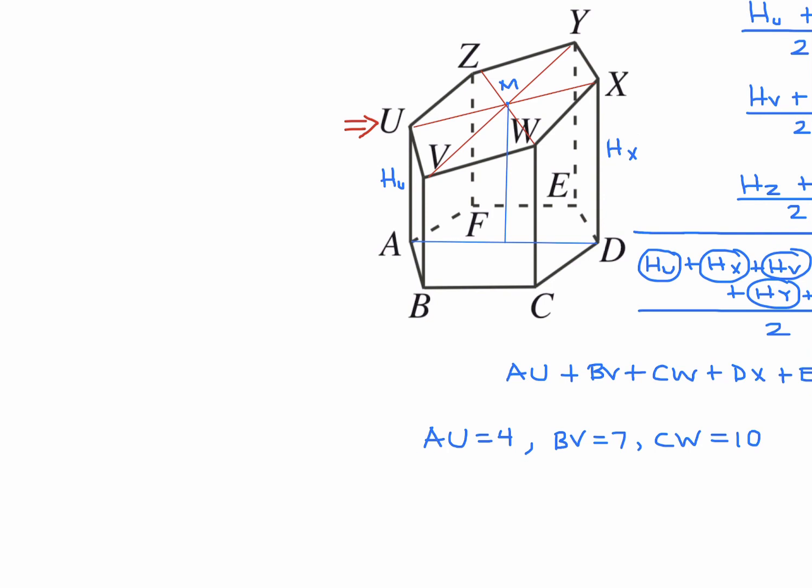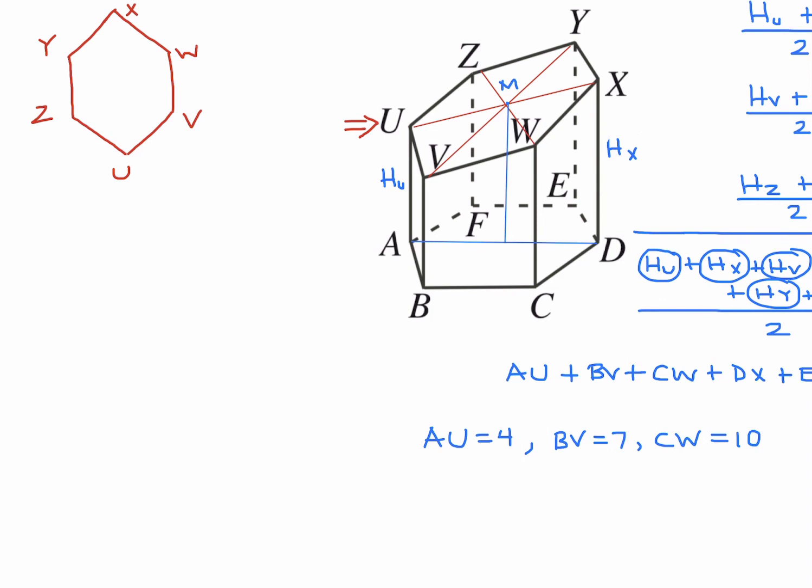Before, it was not tilted, right? If you're looking at it from this point, it would look like this. Here's U, here's V, here's Z. And if you go a little higher up, you would get to Y, and you will get to W. And then, of course, they all meet at X. Correct?